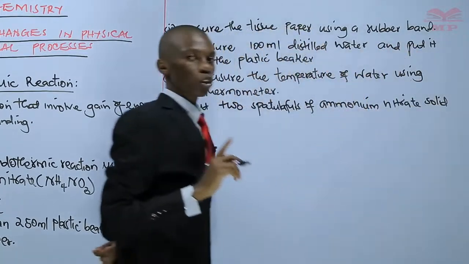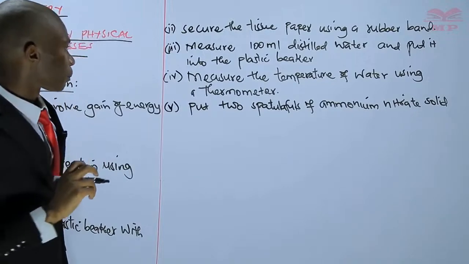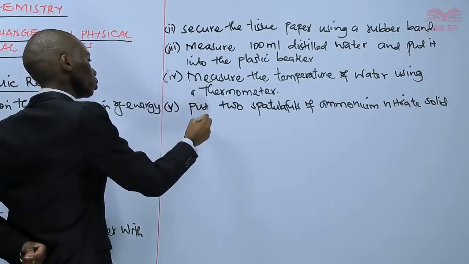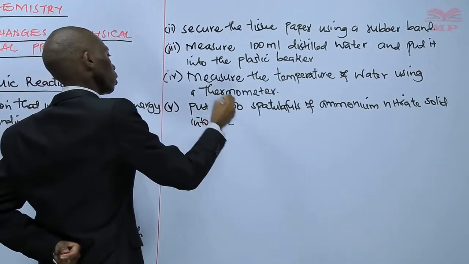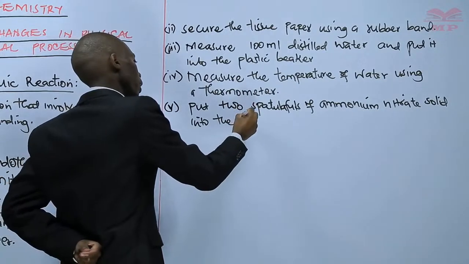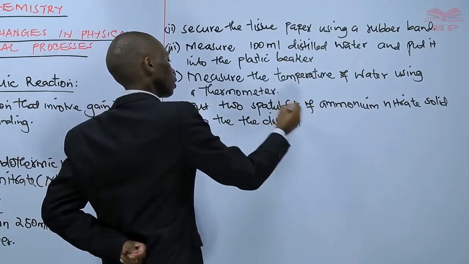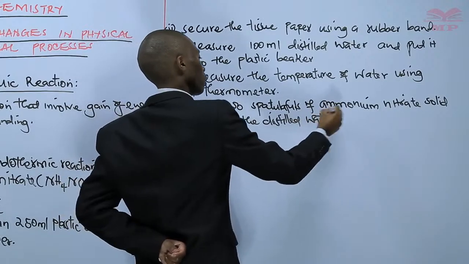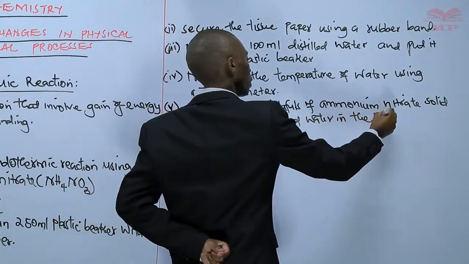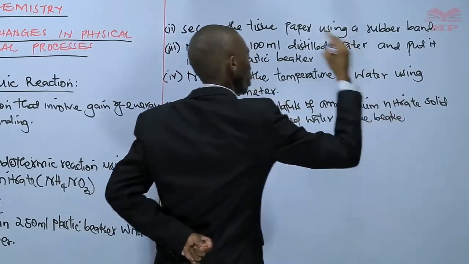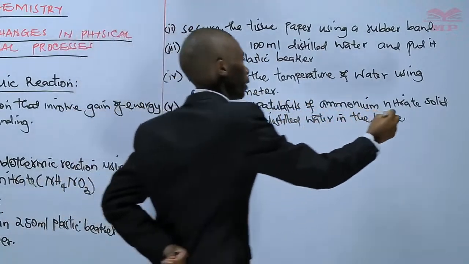Put 2 spatula fulls of ammonium nitrate solid into the distilled water in the beaker.